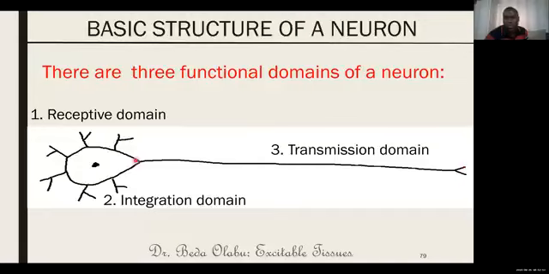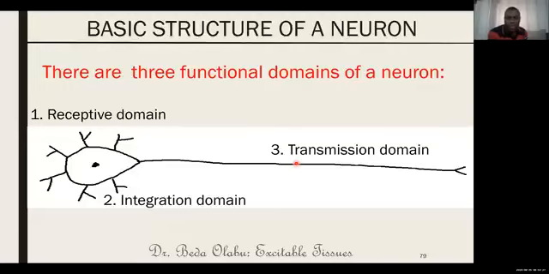It's important to note that the diameter of the axon varies. There are some neurons with a thin diameter of the axon, and there are some neurons with a wider diameter of the axon. The wider the diameter of the axon of a neuron is, the faster it can transmit impulses.